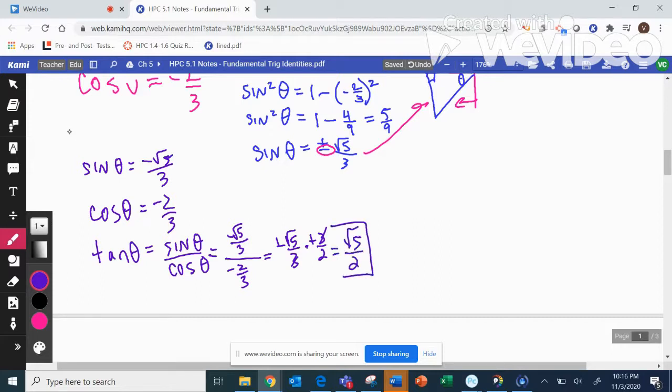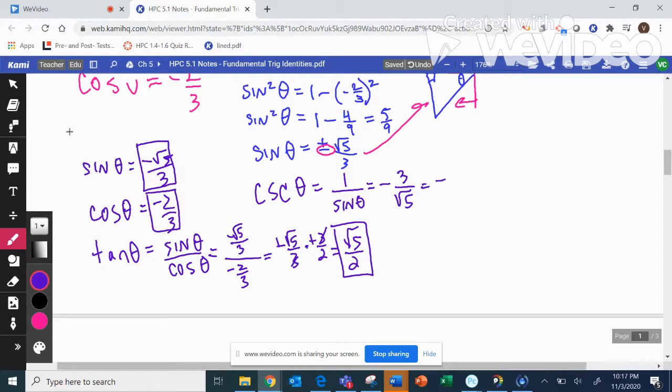Would be the tangent. So our cosecant is 1 over sine. Using just that identity, that basically means I'm going to reciprocate. So we'll have negative 3 over square root 5, which I can rationalize: negative 3 square root 5 over 5.